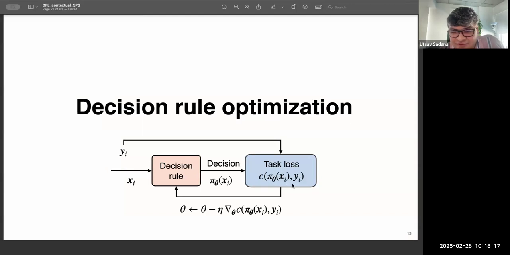You evaluate the cost of pi theta xi on your data, which is yi. The goal is to minimize this loss. So you take the gradient of this cost with respect to theta and you move in the direction which reduces the cost, which is given just by your gradient of cost.